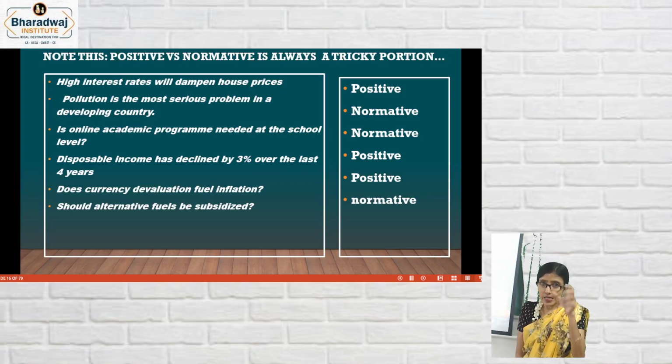Something like serious is a tag we are giving. Most, very harmful, all these are estimations. So in normative, we make an estimation, some value judgments. We may be biased, we may take a particular side. All this will come under normative, because positive is as it is.